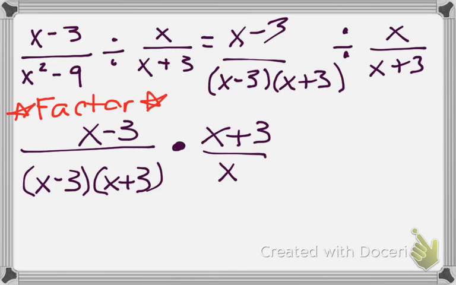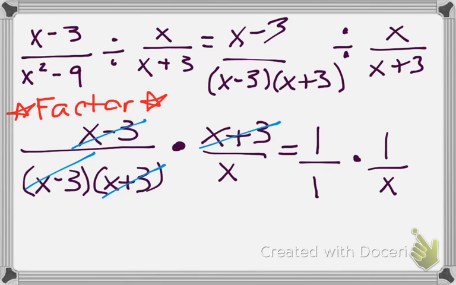Once we get to this point, things are working exactly like one of our multiplication questions. These cross out, these reduce, and my first term is now 1 over 1 multiplied by 1 over x. So for my final answer, I get 1 over x.